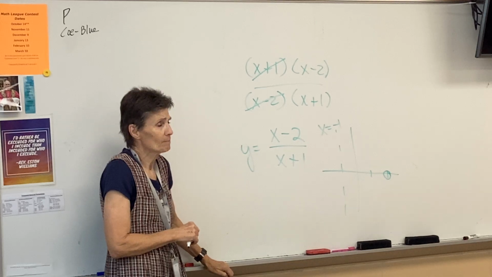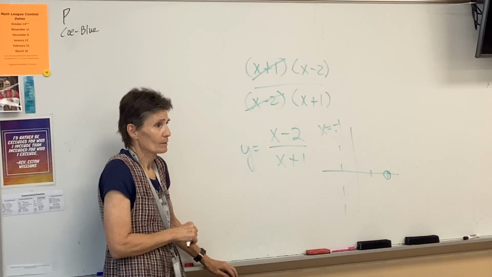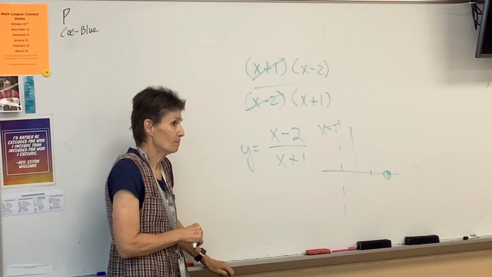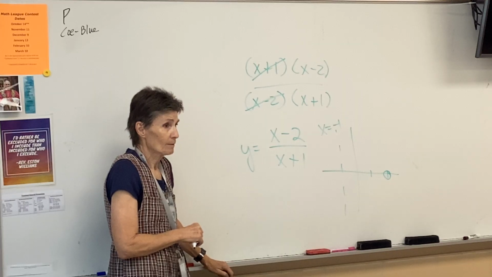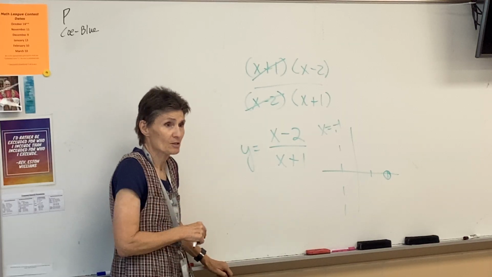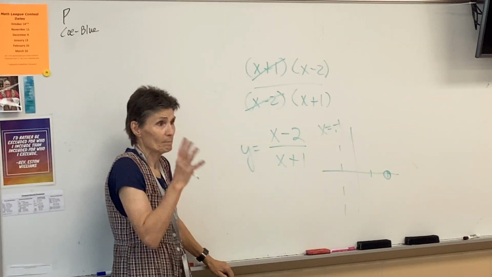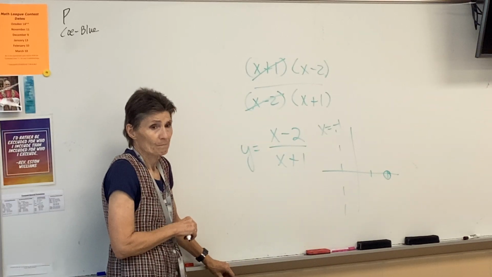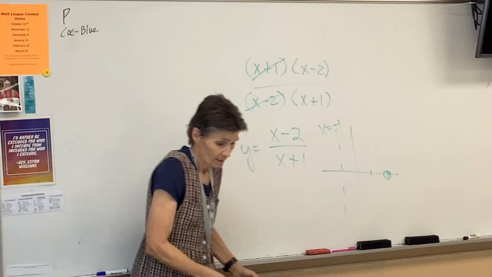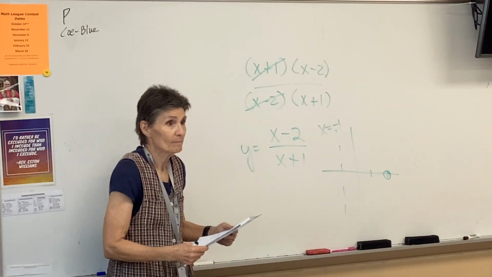Oh, absolutely. Zeros on top are fine. As Hollis always says, you can't sit on the egg. So no zeros in the bottom, but the top is fine. Okay? Is everybody else okay with that section?